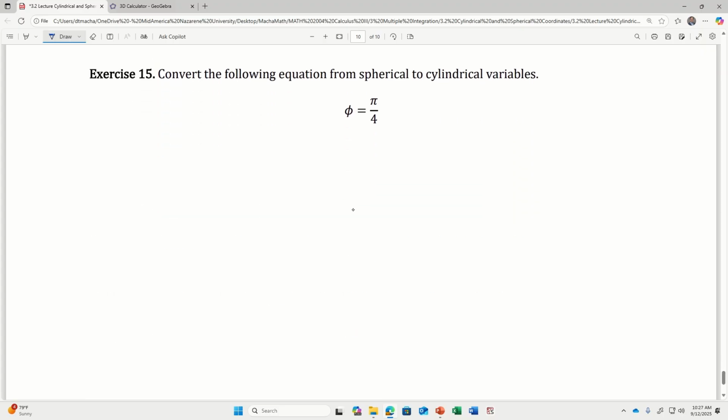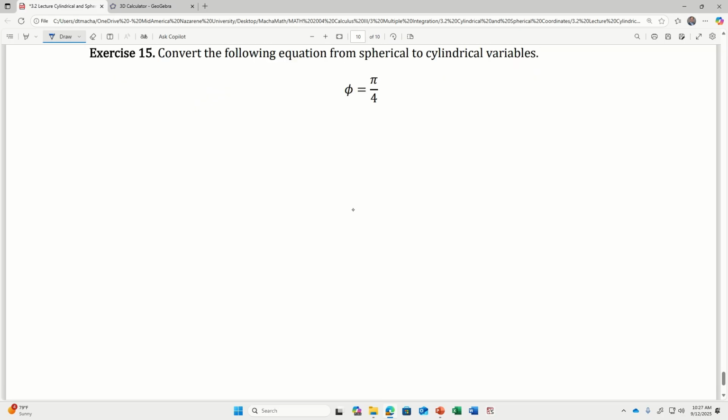Trying to look for a hard one. Let's try this one. Phi equals pi over 4. I'm going from spherical to cylindrical. Spherical has the rhos and the thetas and the phis, but we need this to look like r, theta, z. Specifically, I need to get rid of phi and replace it with r and z.